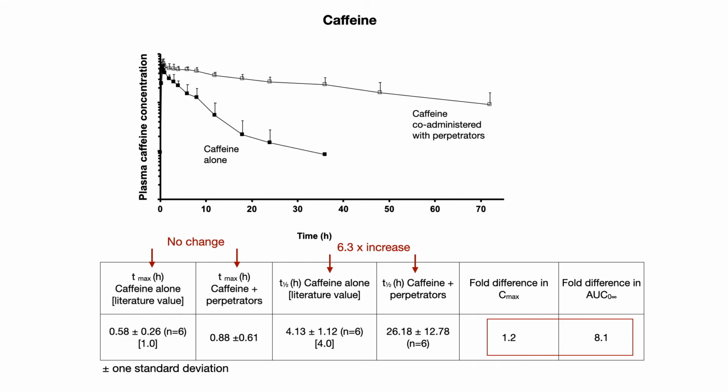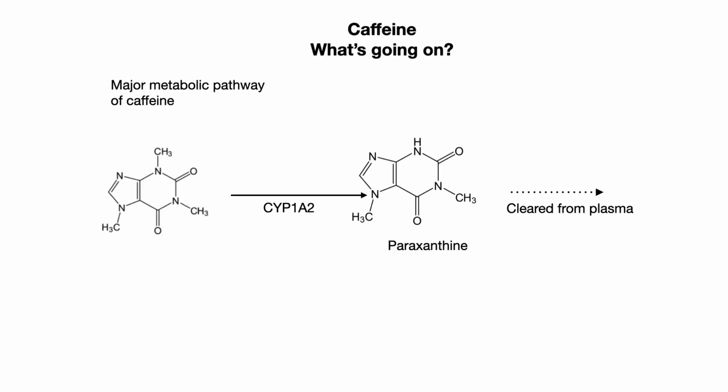Caffeine, of course, is a stimulant, and if you take caffeine along with those perpetrators, you are increasing the effects of that stimulant quite dramatically. What is going on with caffeine?